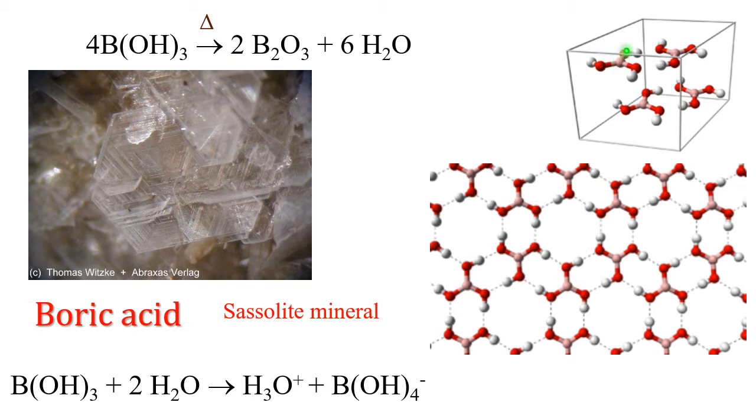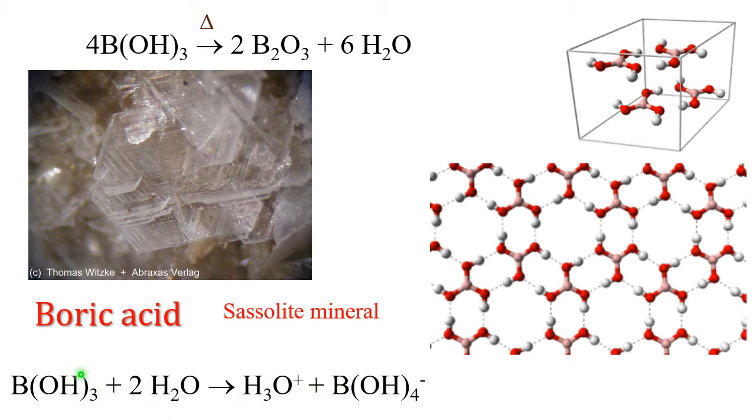It has a trigonal structure. All these molecules are flat, and they crystallize as beautiful hexagonal crystals by employing a system of hydrogen bonds. You can see them here. This is a very weak acid. In water, it does not dissociate.